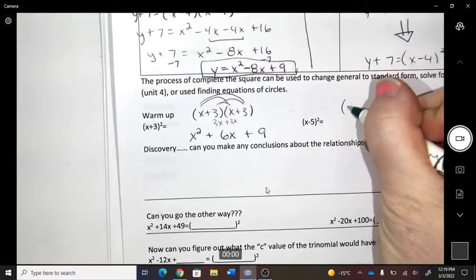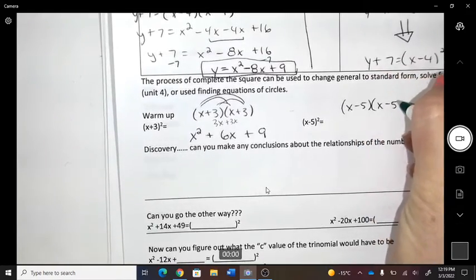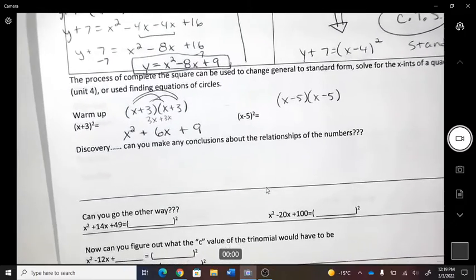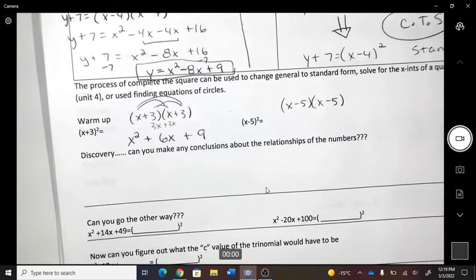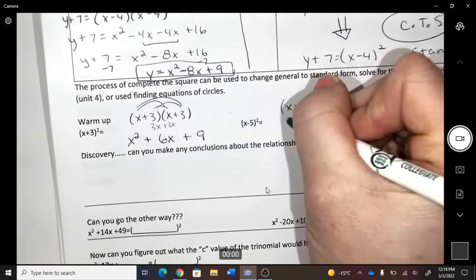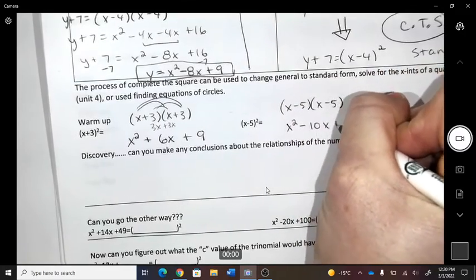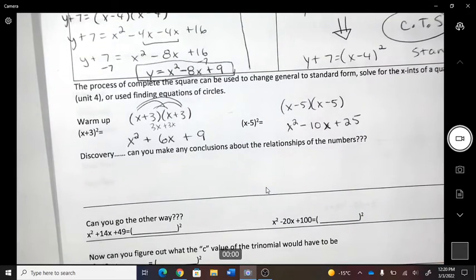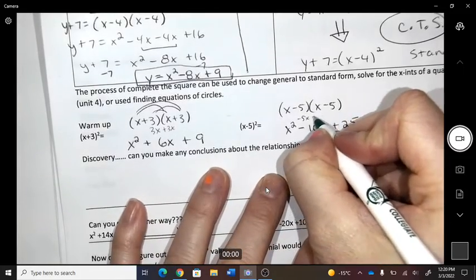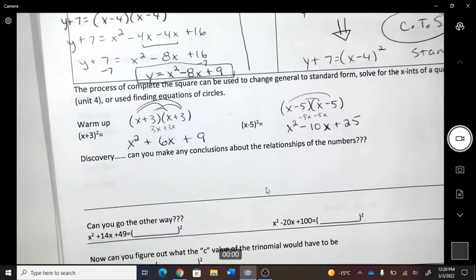Okay, what about the next one? So if I could square that, what do you end up getting? Okay, that should have been your result after your FOIL, because this was a minus 5x and a minus 5x. Okay, do we see the connection?